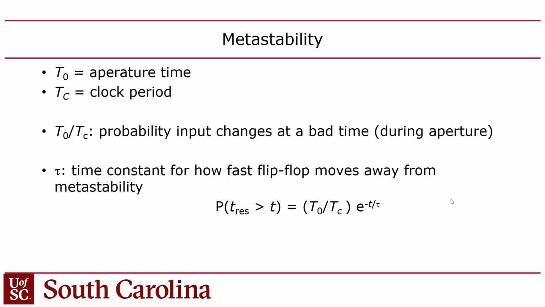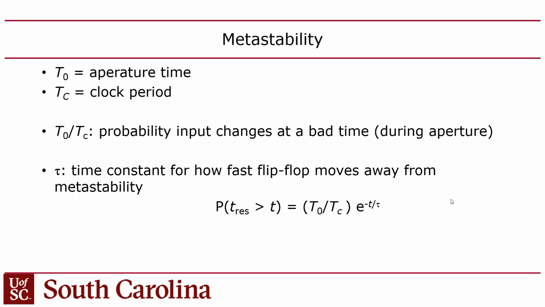T setup plus t hold is t sub 0. It's just the total aperture time. And t sub c is the clock period. So if you look at the ratio between the aperture time versus the clock period, right, then that gives you the probability that if you randomly switch the input sometime during the clock period, it will happen to fall inside of the aperture time, right? So that's t0 divided by tc, okay?